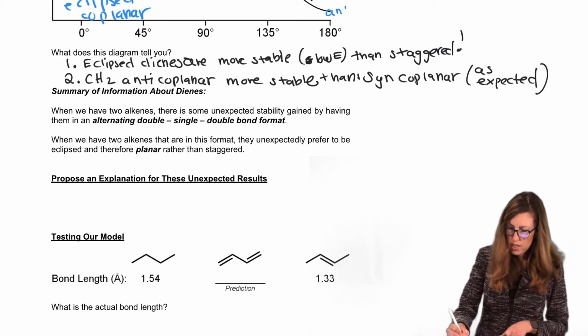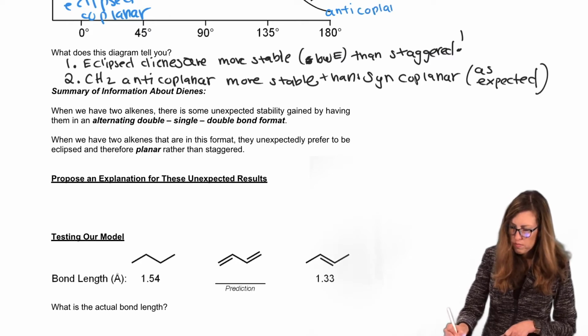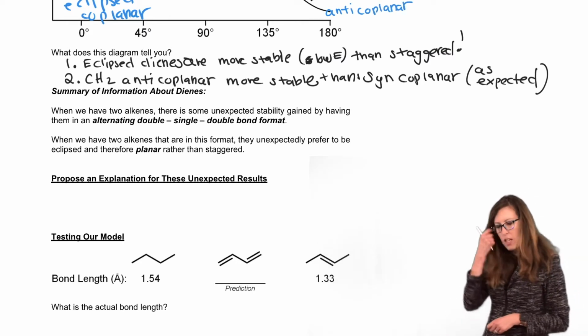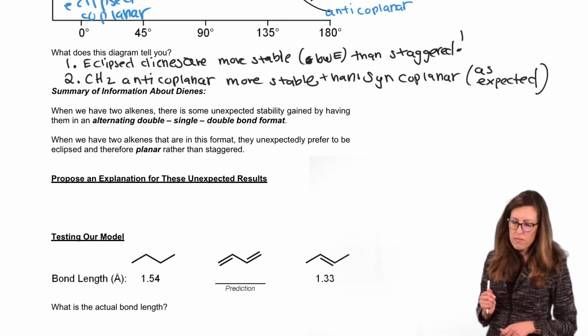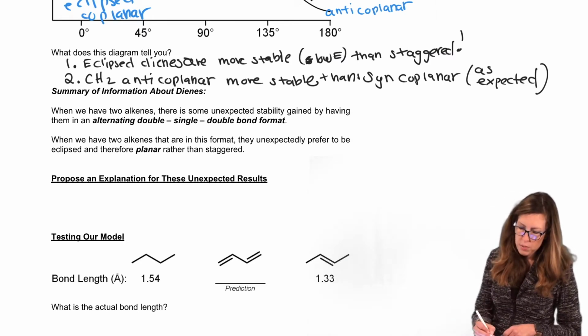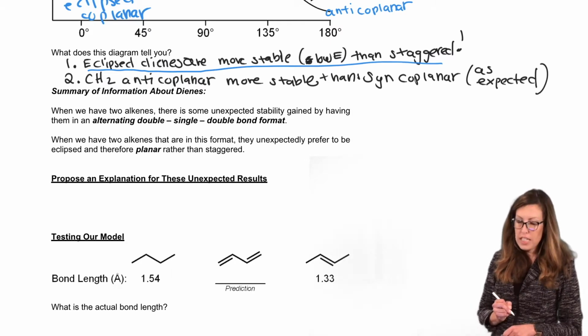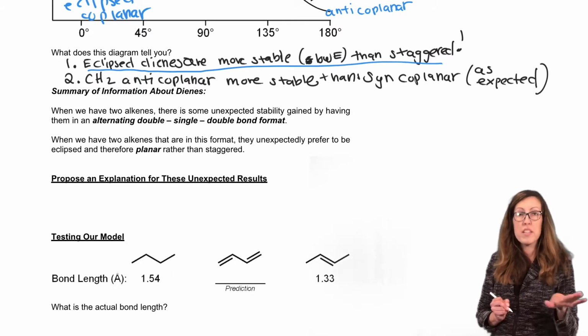So we need to explore this more. What is going on with preferring eclipsed versus staggered? In other words, planar. Dienes are planar.